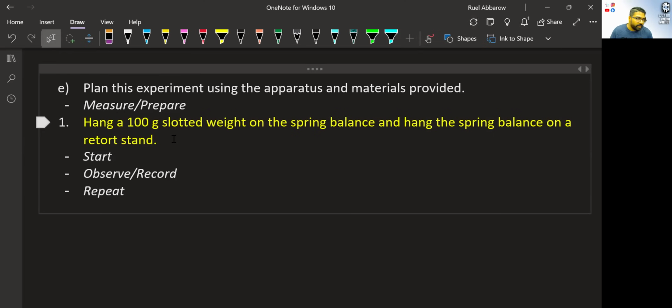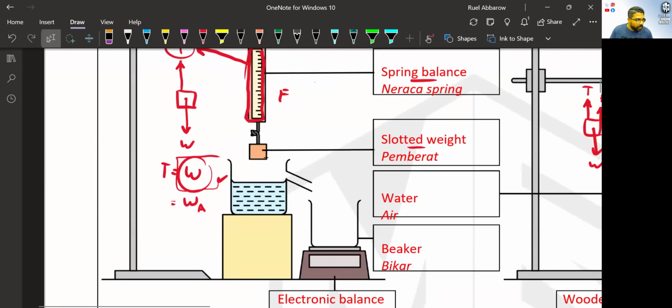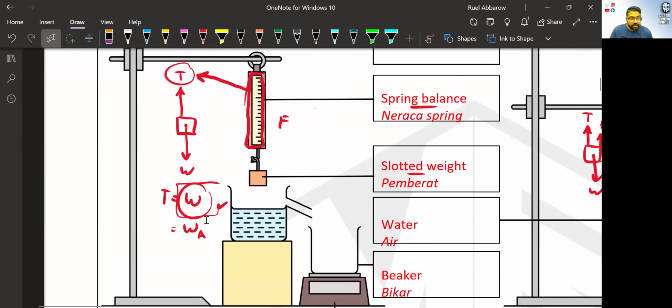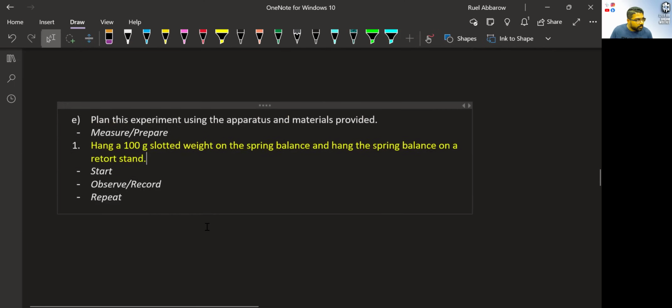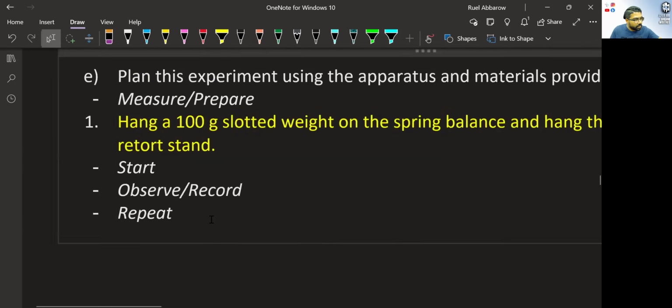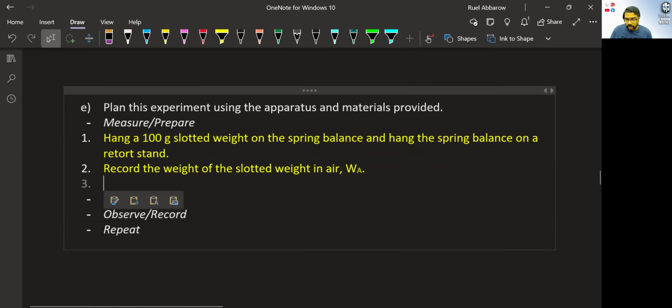So that means before we immerse it in the liquid, we need to get the weight as it is now, the weight in air, so that we can calculate the buoyant force later on. So record the weight in air, WA. Use the symbols. It will help you later on when you are tabulating data and when you're doing the graph.